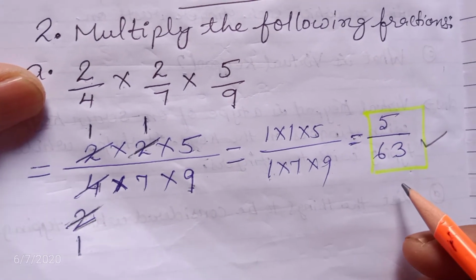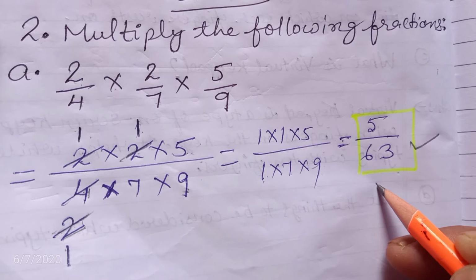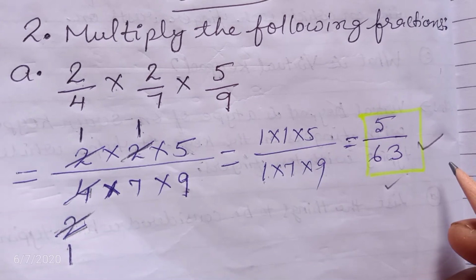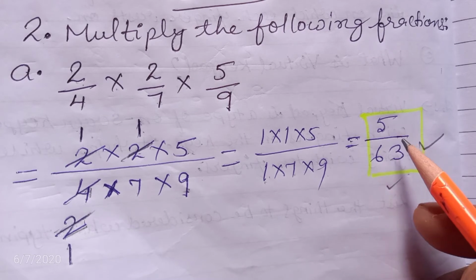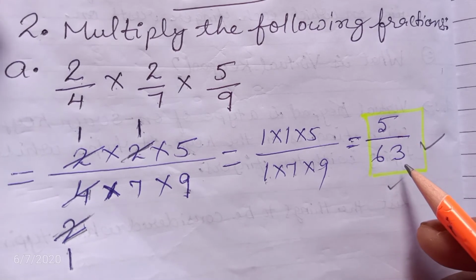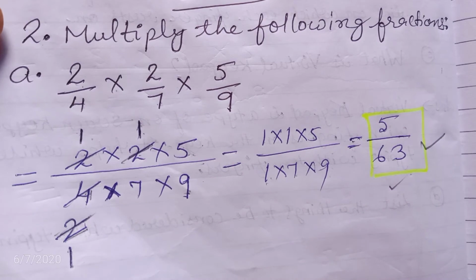This is the answer. It cannot be converted into a mixed fraction because a proper fraction is proper: the numerator is less than the denominator. So it is the answer.